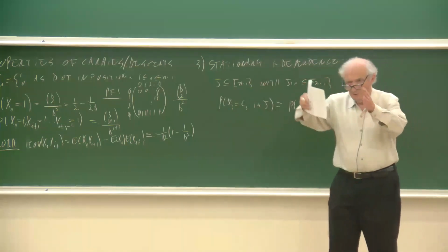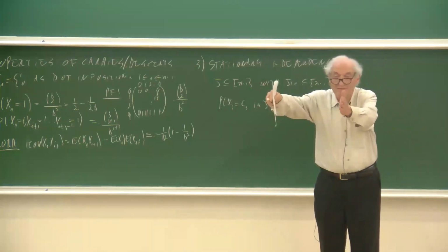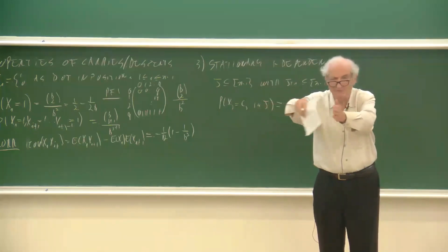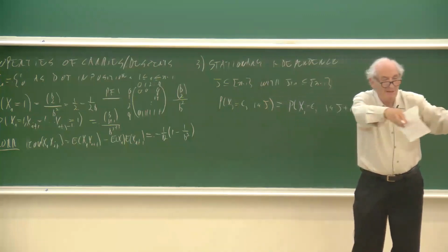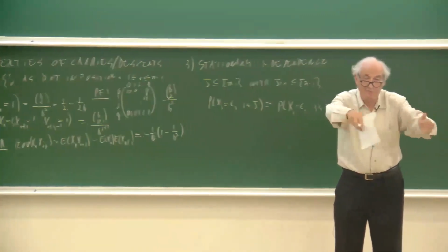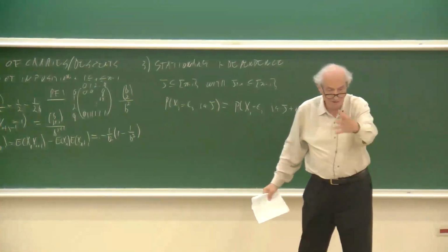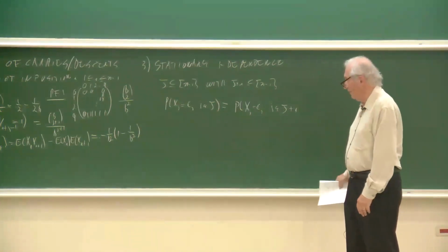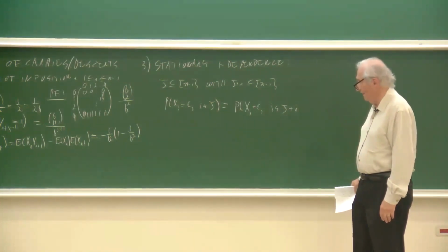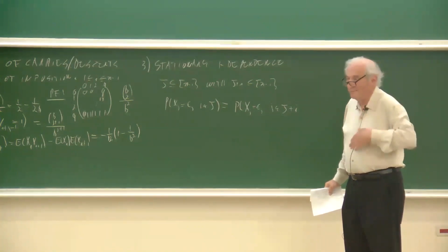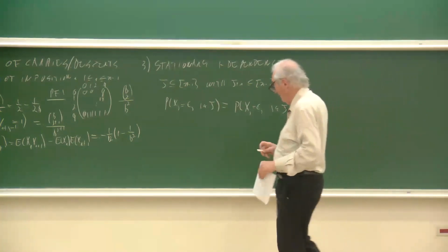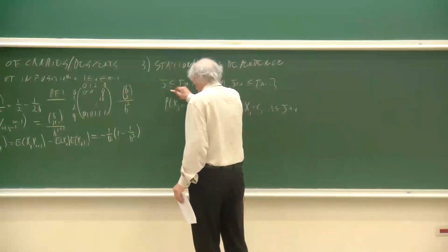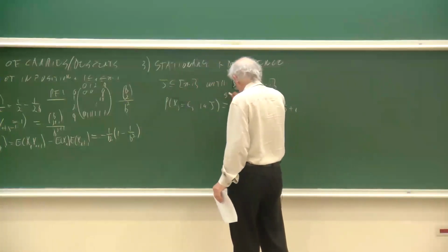So, look at 3 or 5 positions. What's the chance of a given pattern of carries there? It doesn't depend where you are. That is, you can shift over. That's what stationarity means. And that's just obvious if you think about it, but it's important. This is stationarity.